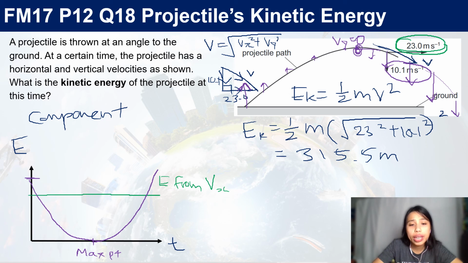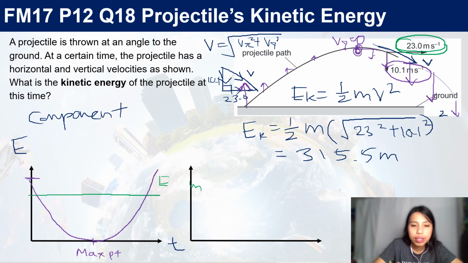Now if we put both together, what you're going to get is something like this. Let me rub this off. So this is the kinetic energy if you look at only the X part, and the purple is the kinetic energy if you only look at the Y part of the velocity.